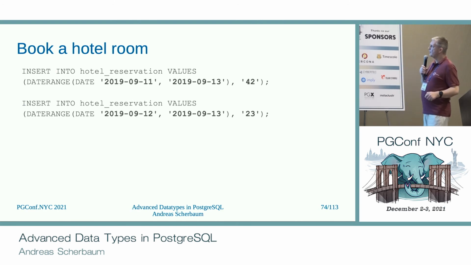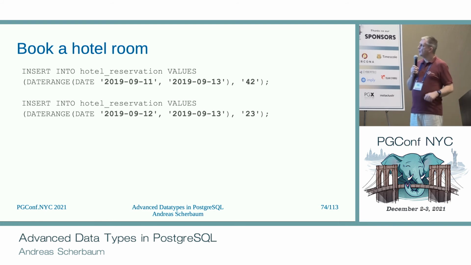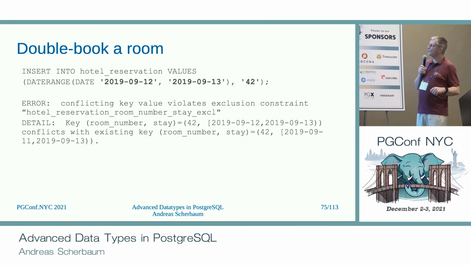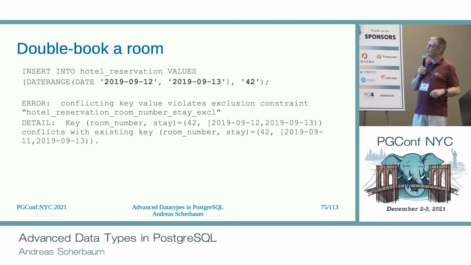I have my first reservation here, 2019 9/11 to 9/13 in room 42, and 12 to 13 in room 23. So far it's fine. It's not the same room number here. And now someone else comes and wants to book room 42, and you see I have this overlapping date range here, and Postgres tells me, okay, this is conflicting.